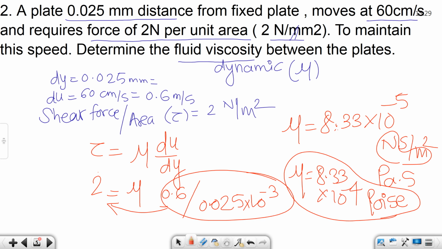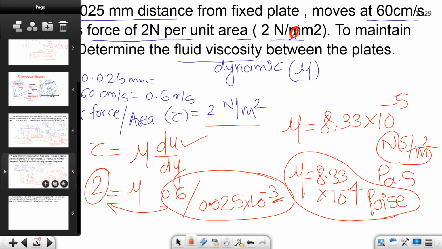Calculation of viscosity. Remember, in this problem just consider Newton per meter square. I have taken Newton per meter square, so just put value of du as 0.6 meter per second, and this 0.25 into 10 raised to minus 3 meter. So you'll get a very simple numerical on calculation of viscosity.